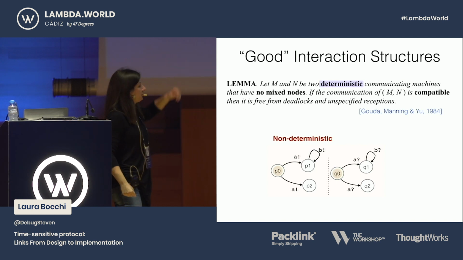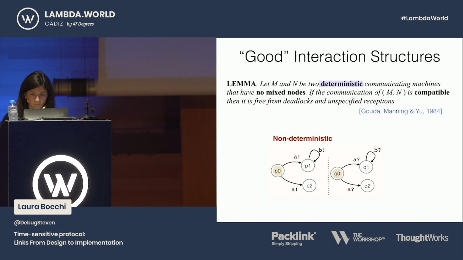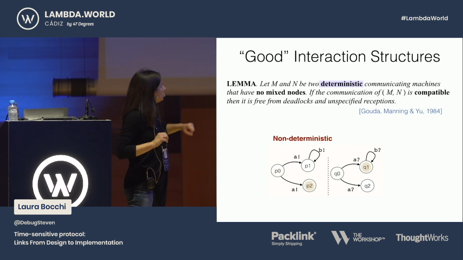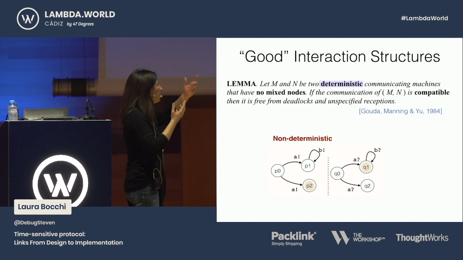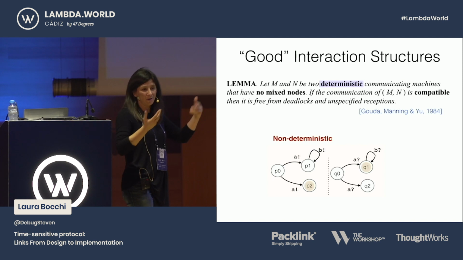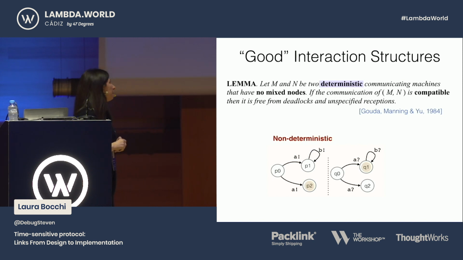For example, if the machine on the left decides to send A and go to state P2, the machine on the right receives A but doesn't know whether to go to Q1 or Q2. So you could have a confusing mismatch between the interactions in the system. We don't want this, so we rule out all machines that are non-deterministic.